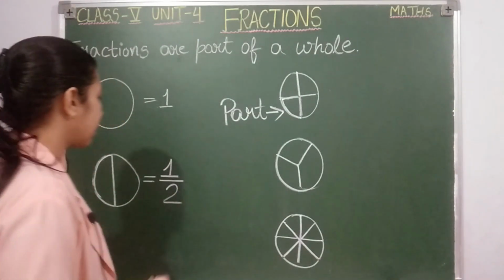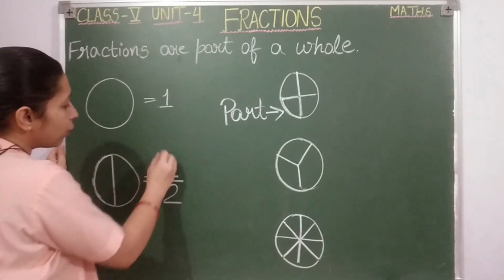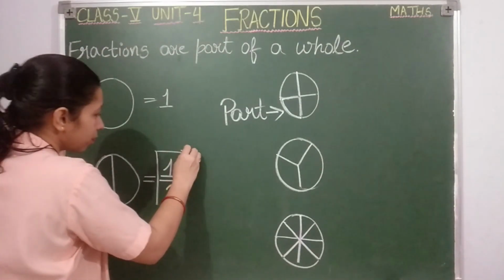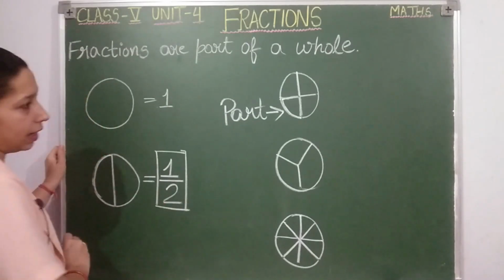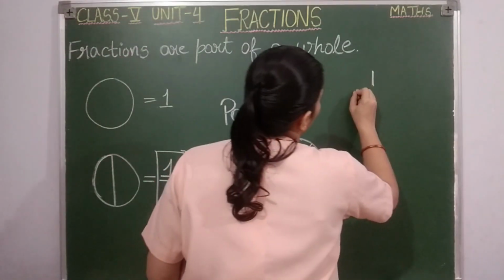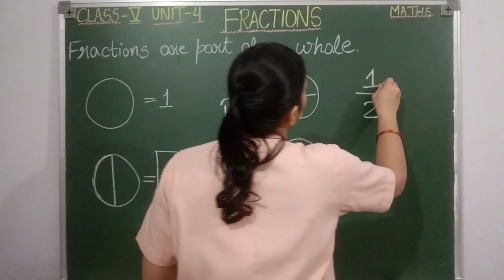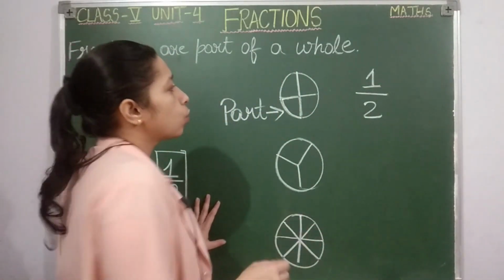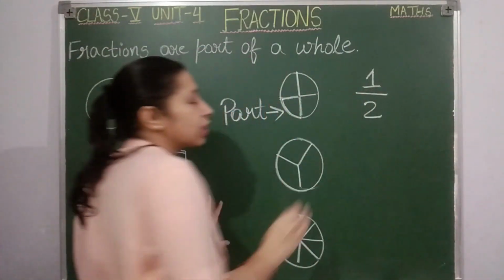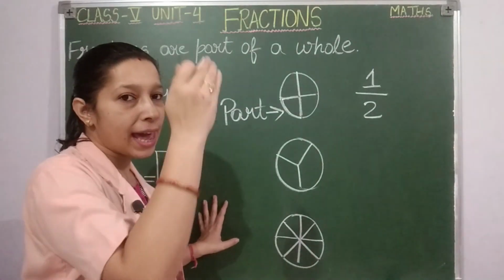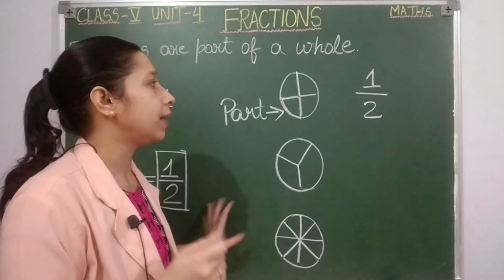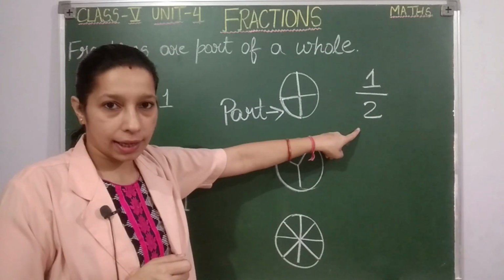Okay students, let us come back now. So let me first introduce you to the fraction that I have written here. 1 by 2, or 1 upon 2. See students, this is a fraction. Fraction is always written in the form of A upon B. A by B means numerator upon denominator.